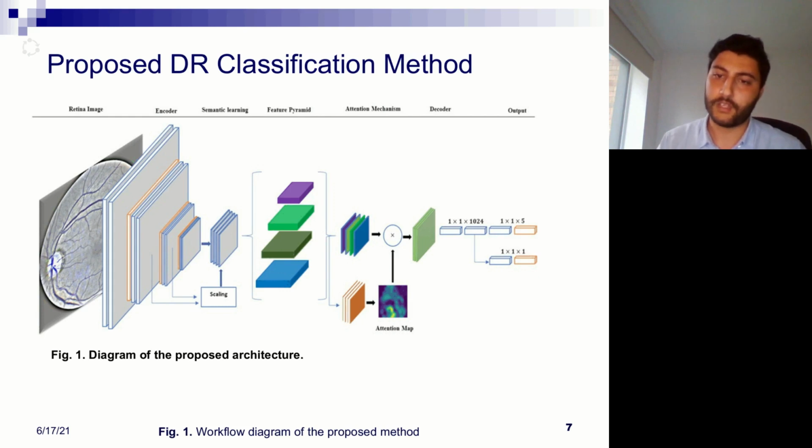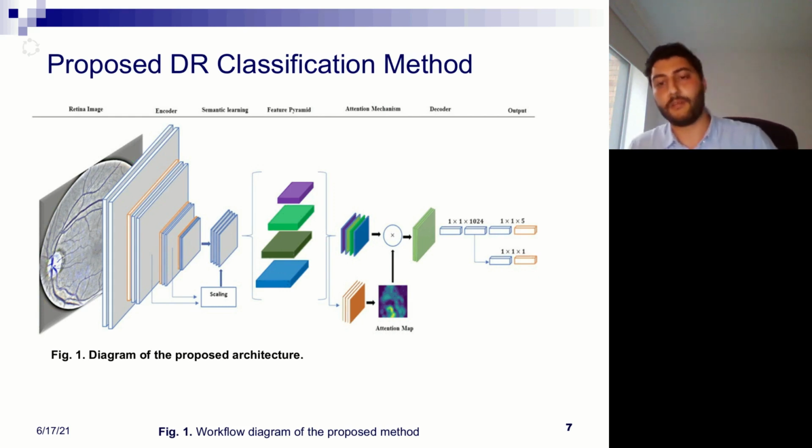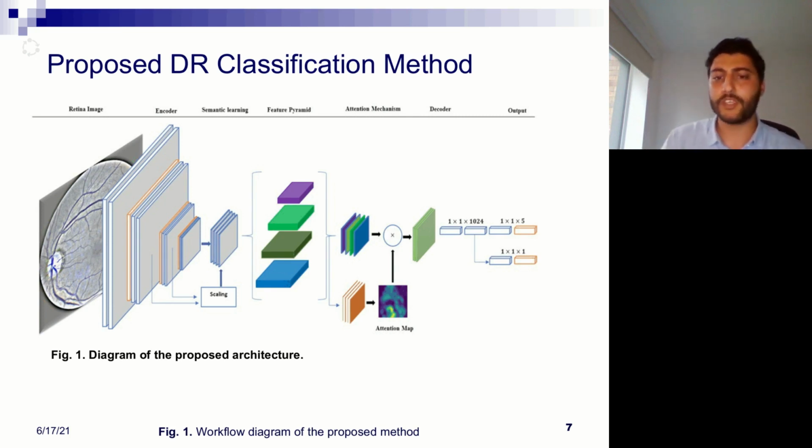In our case, we have added more layers and more steps that improve the performance of the model. First, we combine all the low level, mid level, and high level representations together.